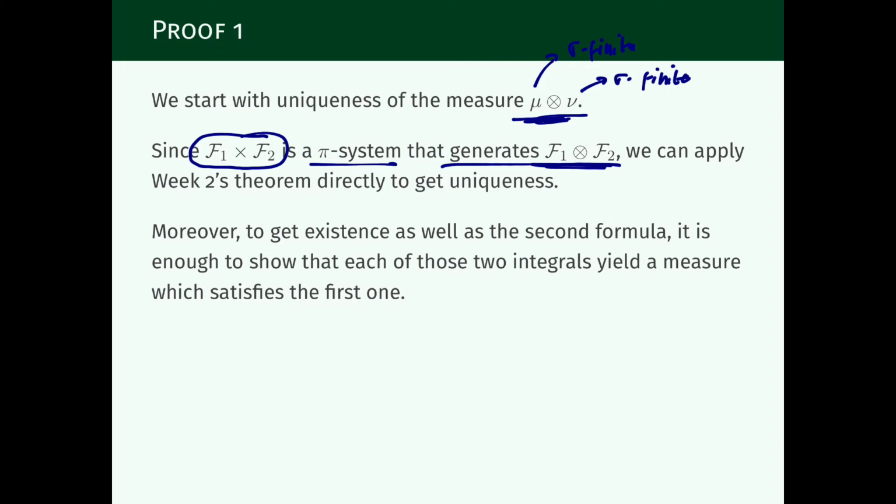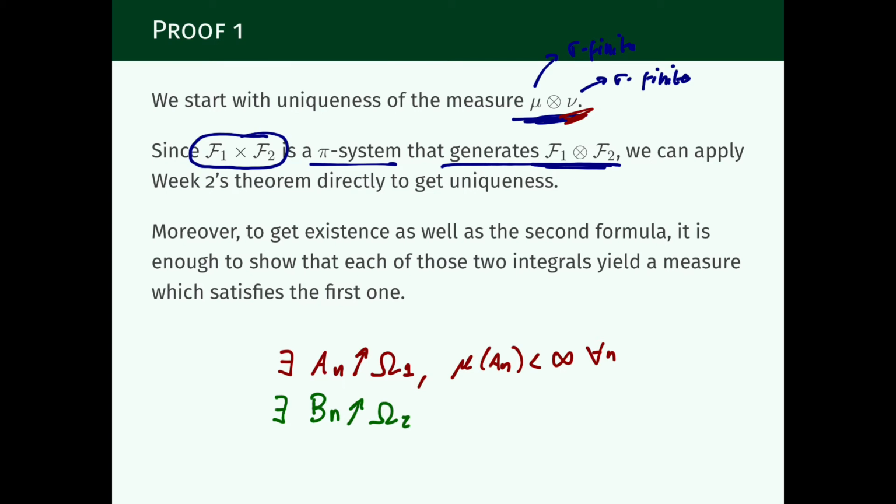Well, mu being sigma finite means there exists A n which increases to omega 1, and mu of A n is finite for each n. So there exists this sequence. And nu being sigma finite means that there exists a sequence Bn that increases to omega 2, such that for all n, nu of Bn is also finite.